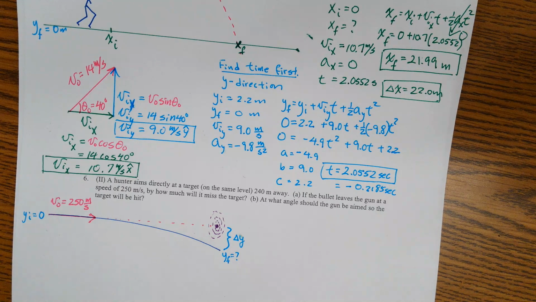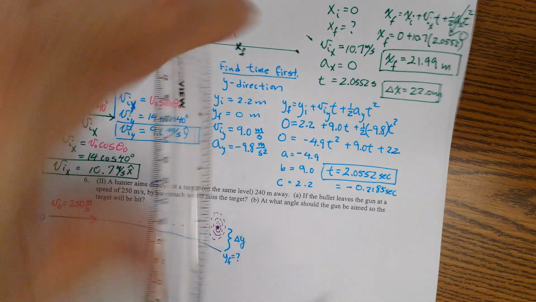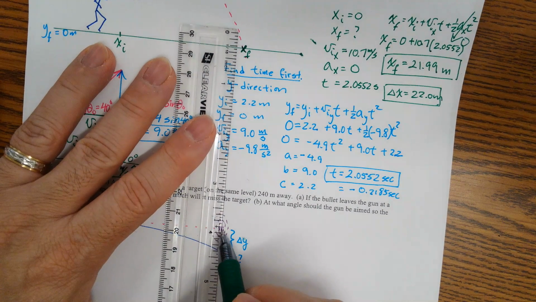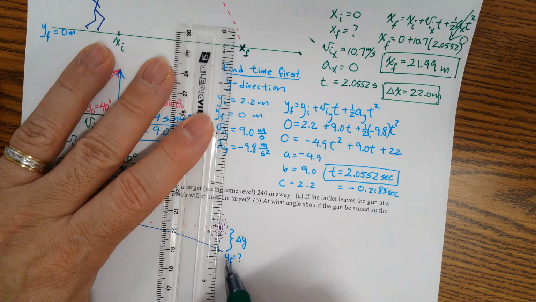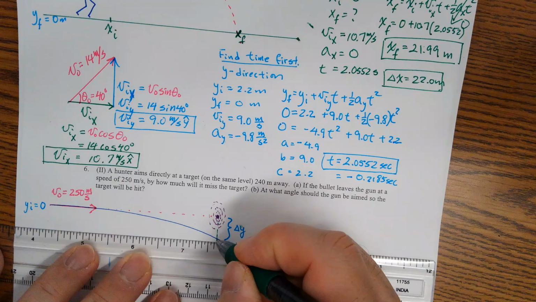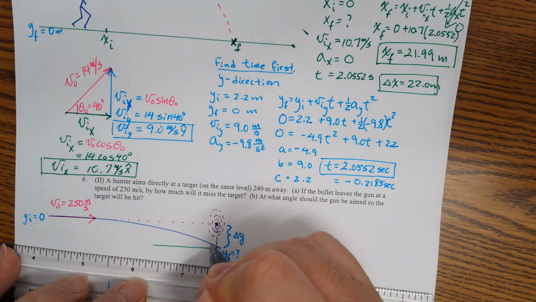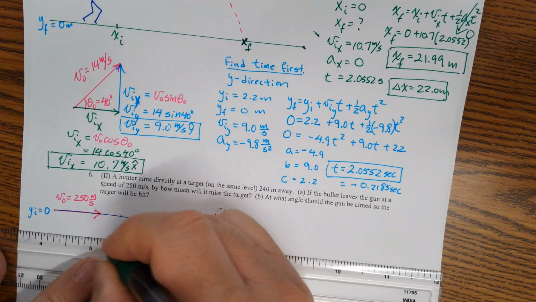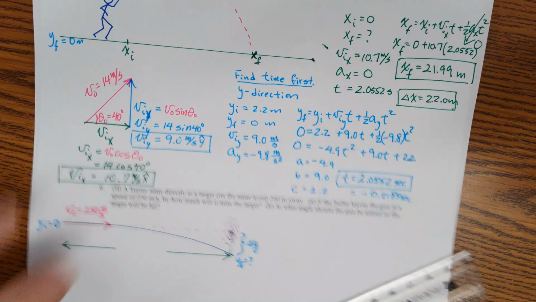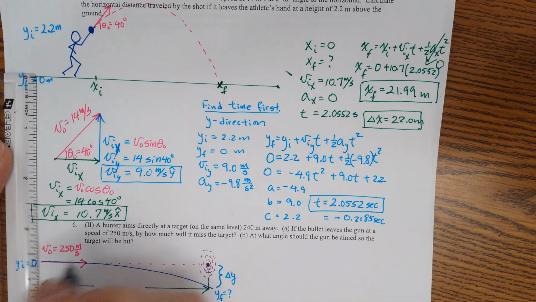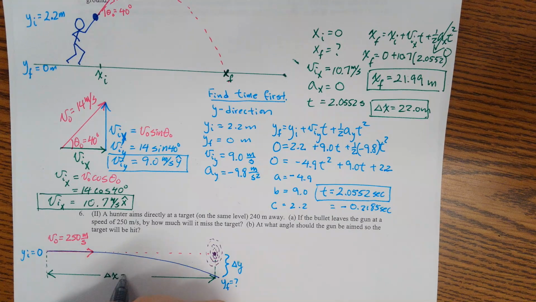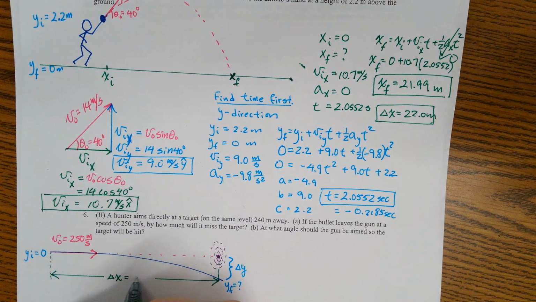We do know, however, the delta x. The target is 240 meters away.